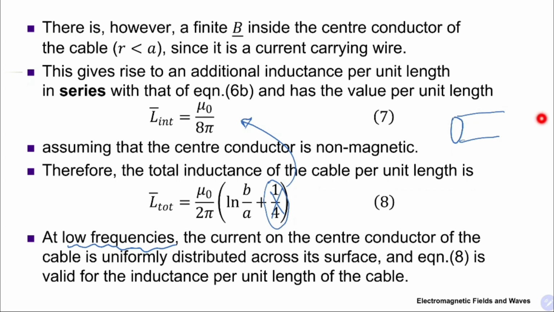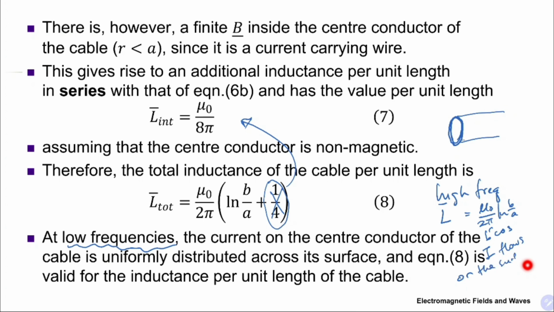So at high frequency, the inductance is simply mu naught over 2 pi ln b over a, because current flows on the surface of the inner conductor.